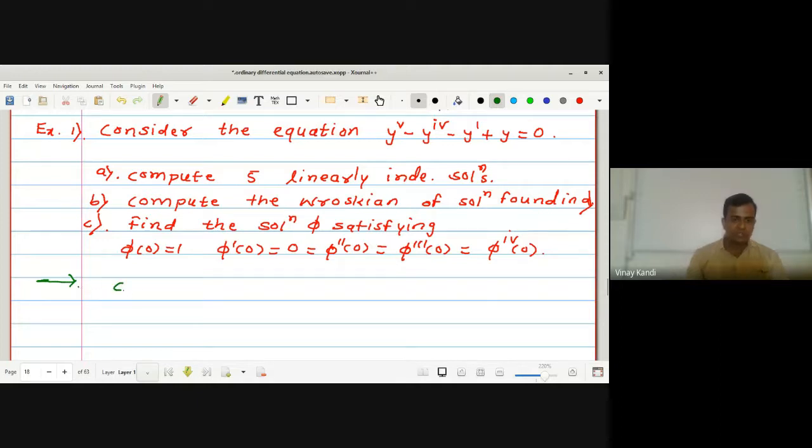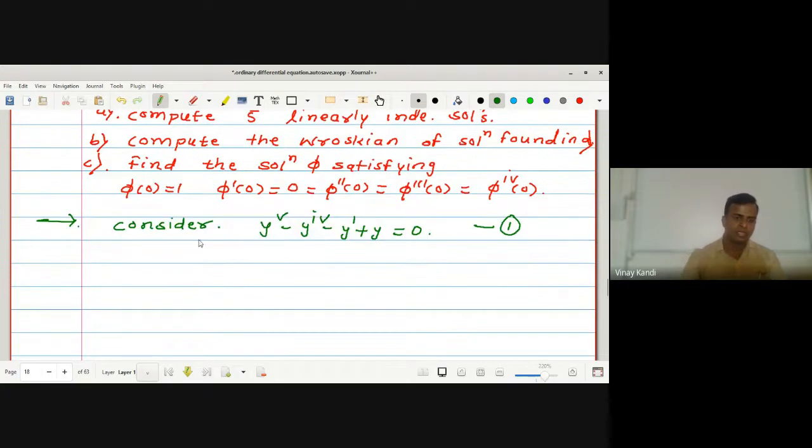Consider the given equation: fifth derivative of y minus fourth derivative of y minus y dash plus y is equal to 0. Give it as equation number 1. Okay, this is a, you have to find it. Now the characteristic equation of 1.